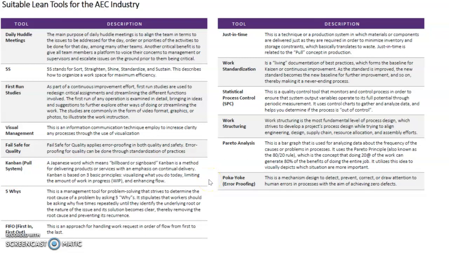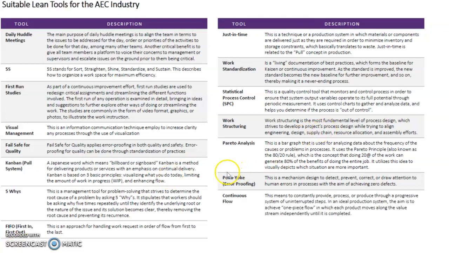Another tool is Poka-yoke. This is a mechanism designed to detect, prevent, correct, or draw attention to human errors in processes with the aim of achieving zero defects. Sometimes we also use the tool called continuous flow.